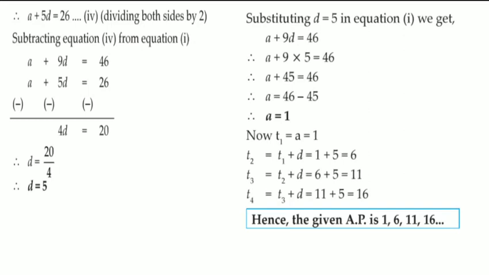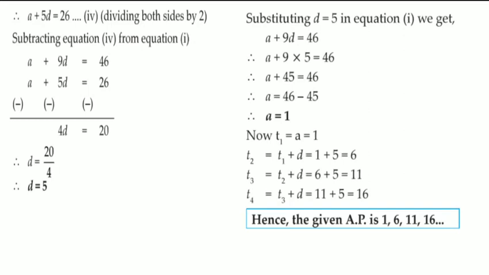Now T1 is equal to A, that is equal to 1. So first term we have written. T2 is equal to T1 plus D, that is 1 plus 5 is equal to 6. T3 is equal to T2 plus D, 6 plus 5 is equal to 11.